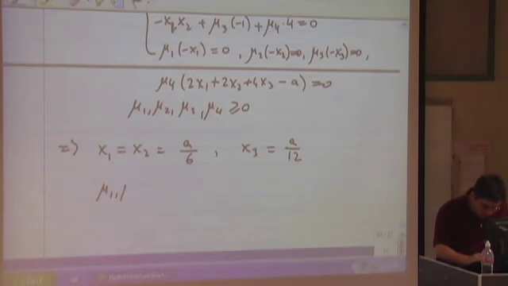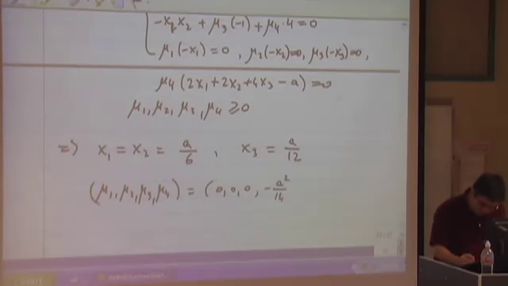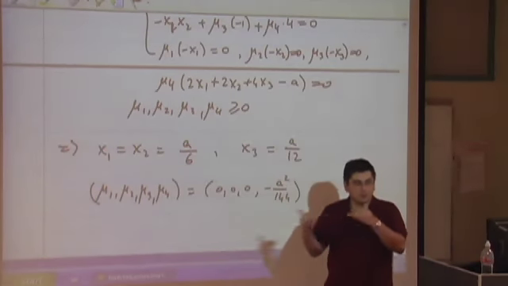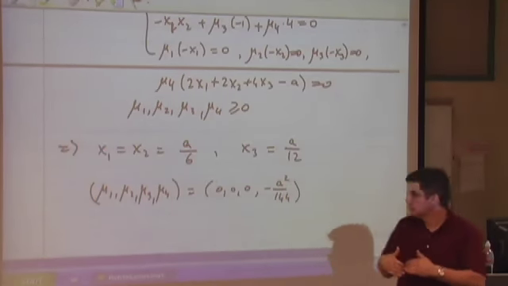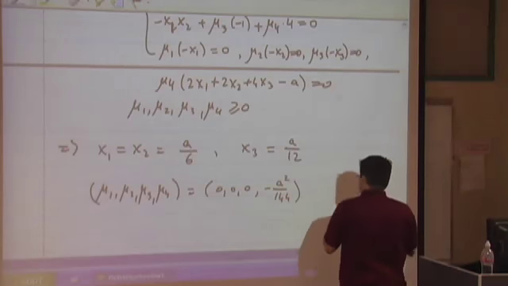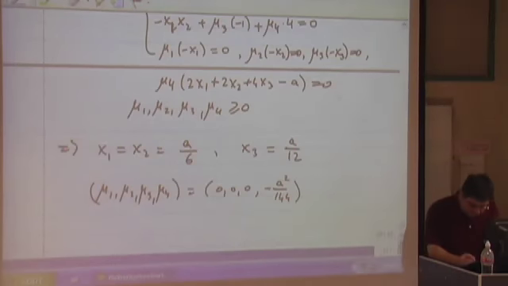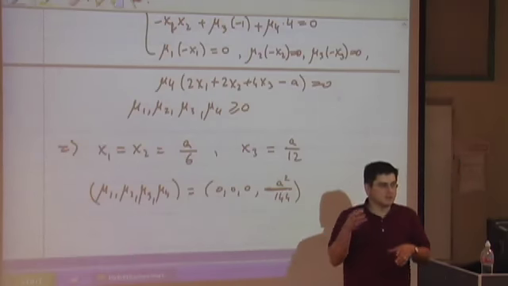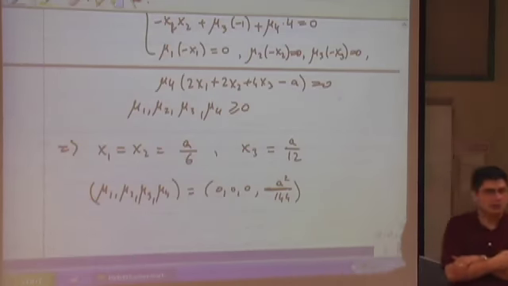The mu's are 0, 0, 0, and the last one is a non-zero, whatever. But how do I know this is actually the max or the minimum in this case? Positive. I should have positive. How do I know that this is an optimal solution?